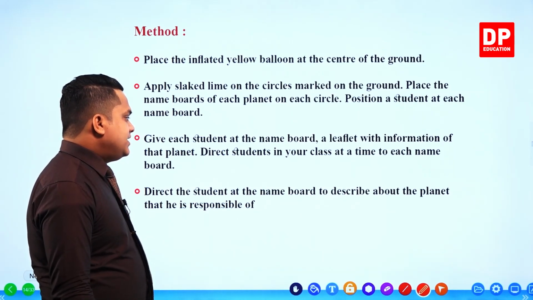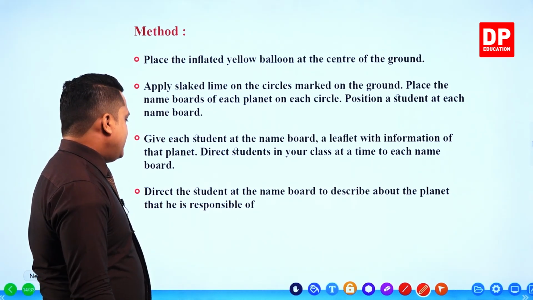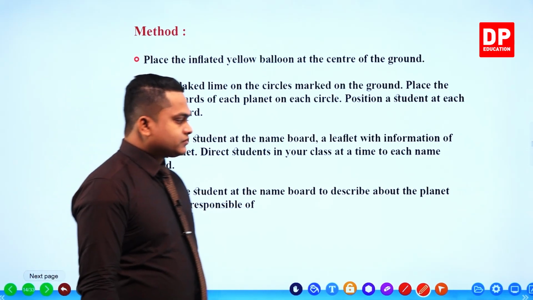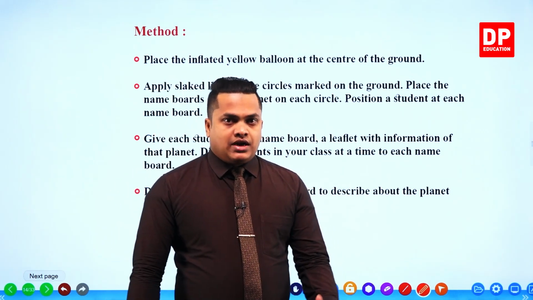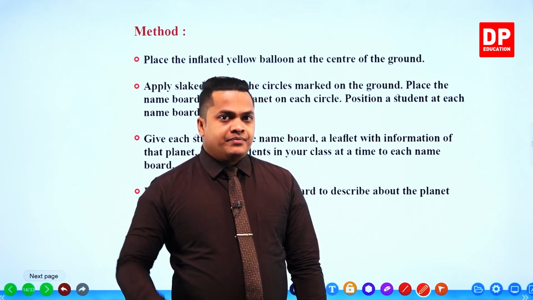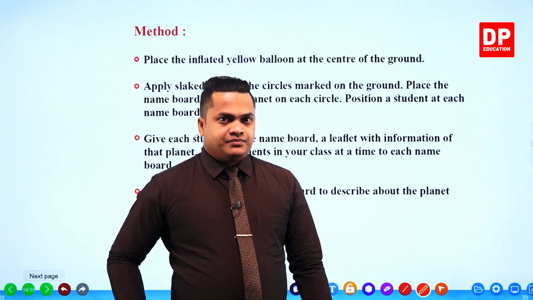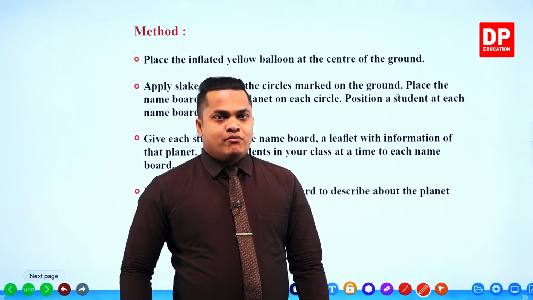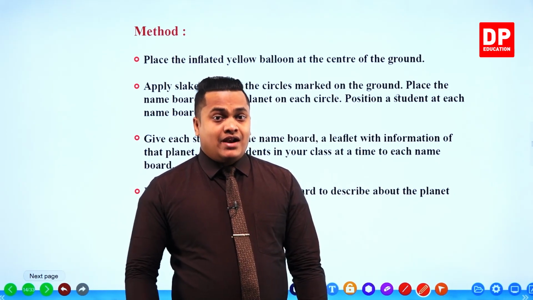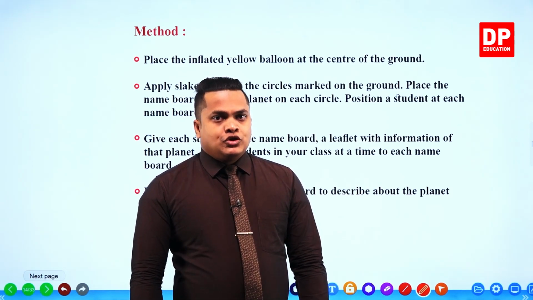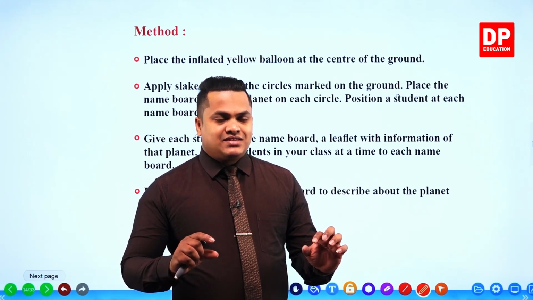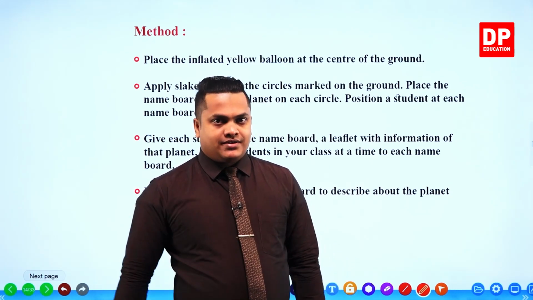Direct the student at the name board to describe the planet he is responsible for. Now, around the yellow balloon, my dear children, students are being assigned. These students are given a name board, and these name boards represent the planets in our solar system. The person who has that name tag is the one who represents that planet.